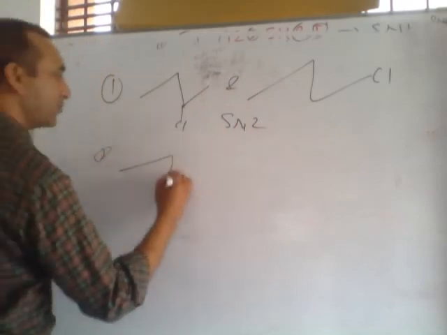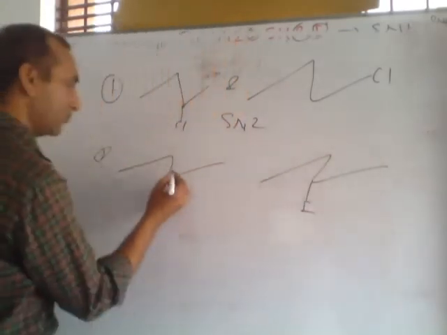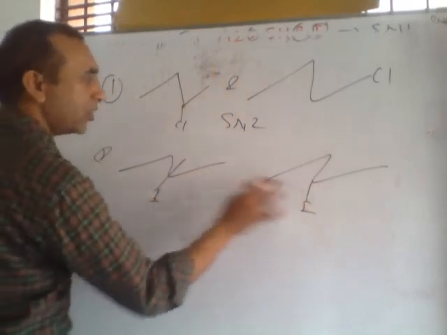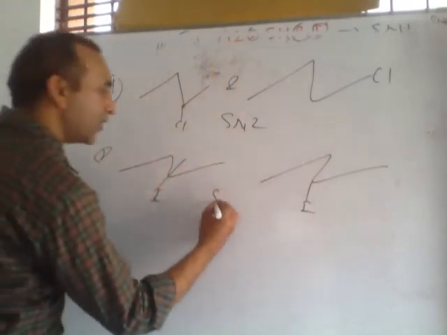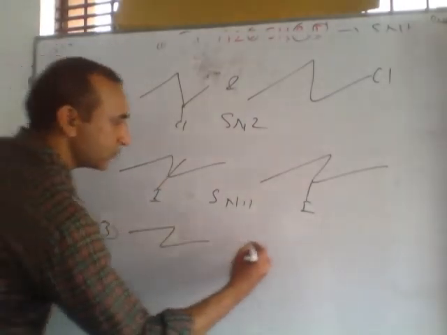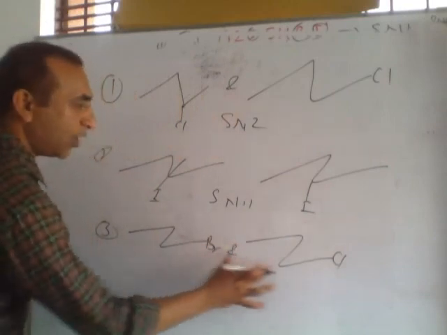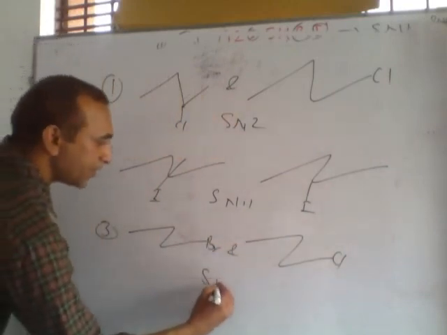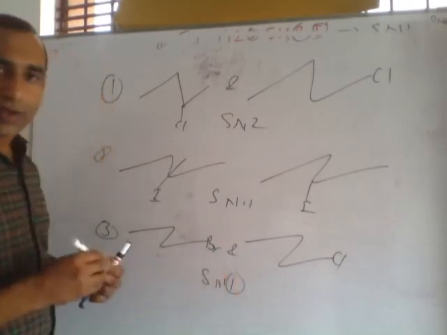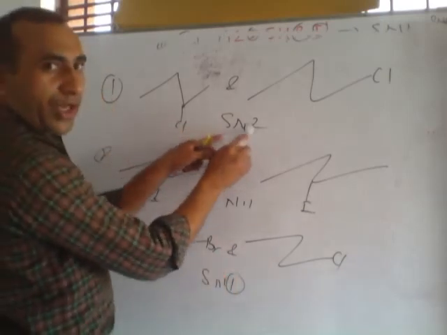Number two, out of these two, which will give the SN1 reaction faster? And the third question, out of these two, which will give the SN1 reaction faster? Do you know the meaning of SN2?